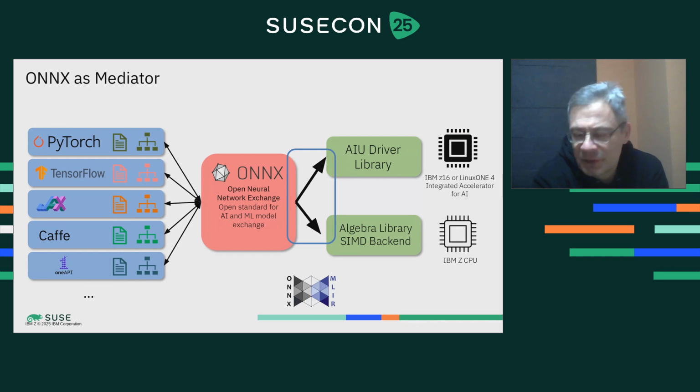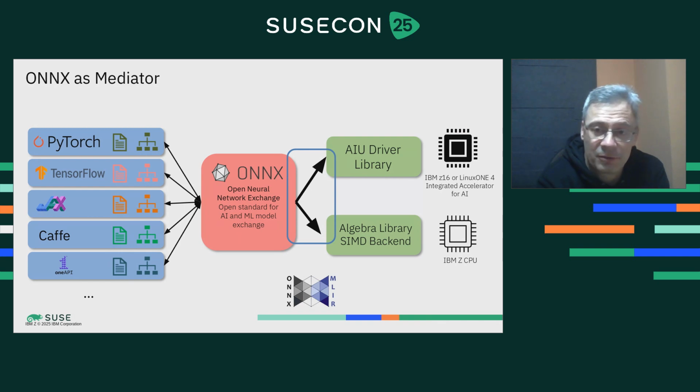However, you can imagine that just porting each and every open source framework under the sun onto our great platform can get a little bit tedious after a while. But there's something great out there which helps us a great deal, which would be the ONNX standard for exchanging neural network models between various frameworks. Chances are that whatever open source or commercial neural network or AI framework you're using, it does support ONNX.